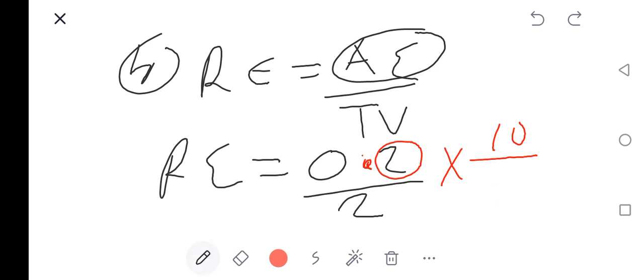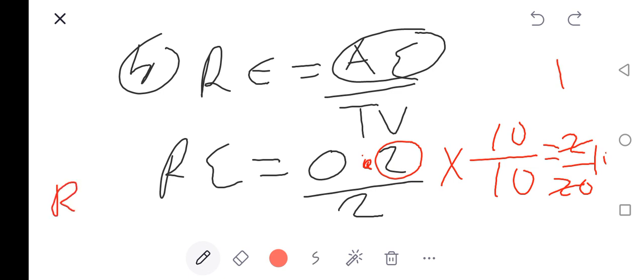So 0.2 times 10 gives you 2, and 2 times 10 gives you 20. So 2 over 20, so the relative error is simply 1/10. That is done. That's all for that question.